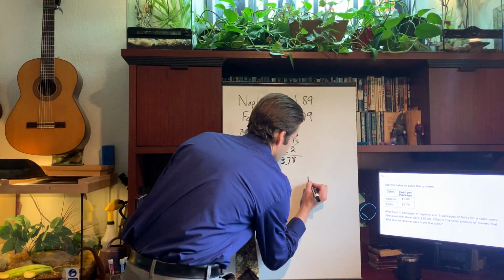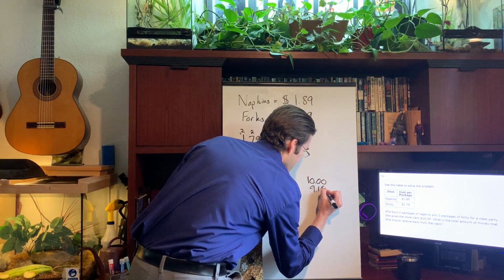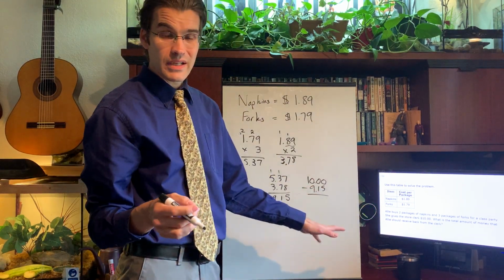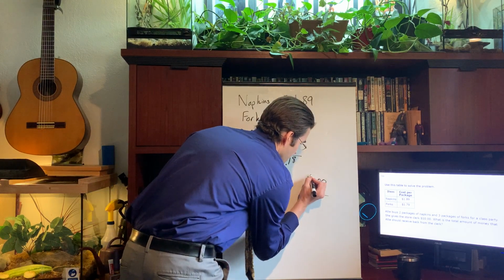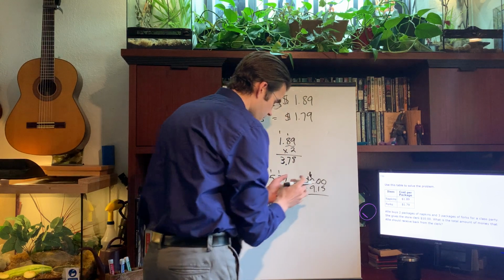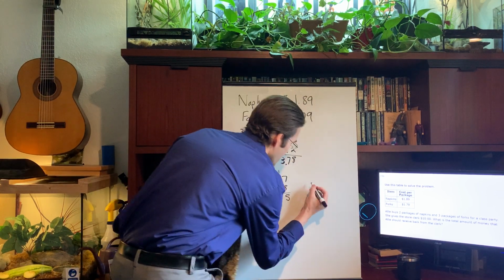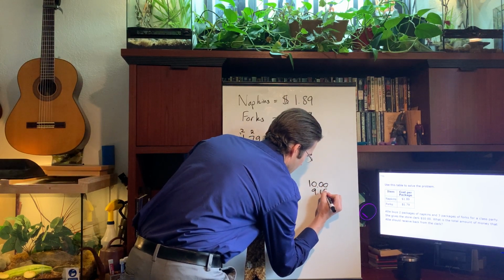So now we have to subtract our total, $9.15, from $10. Okay? Well, I can do a lot of carrying. Let's do the carrying. Oh, man. Let's try this again. 10, 9, 15.